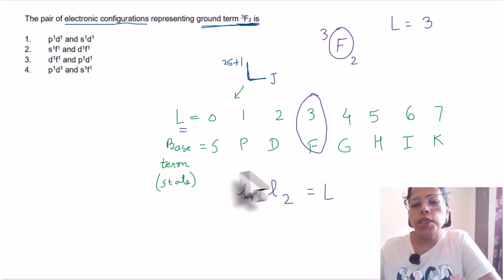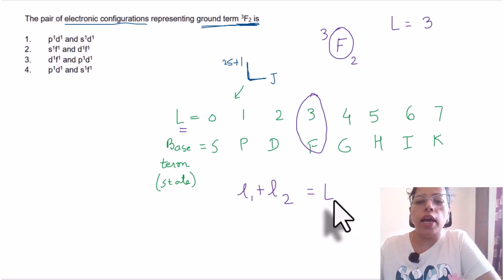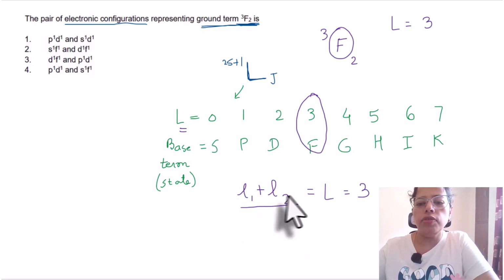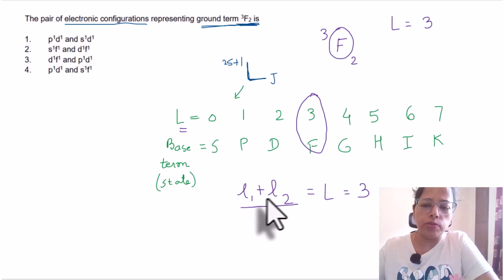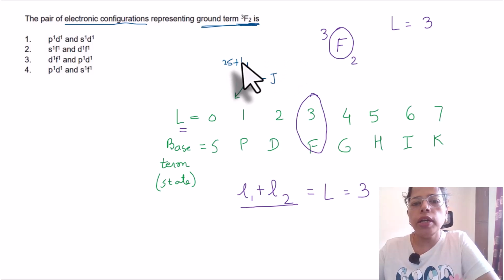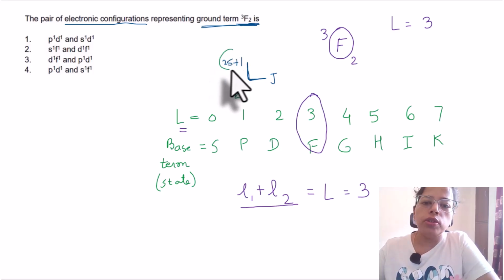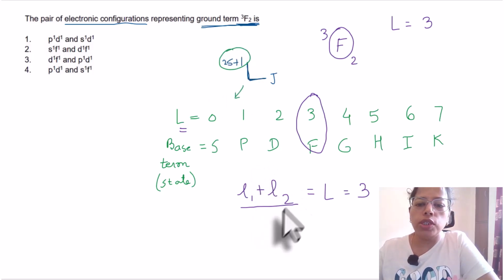That is the summation of orbital angular momentum gives us the total orbital angular momentum. So total orbital angular momentum is 3 here, which is the summation of the individual orbital angular momentums, L1 plus L2. Now coming to the superscript values. Whatever values we can get from our term symbol, we will accumulate that first. So the superscript is 2S plus 1, which is equal to 3.